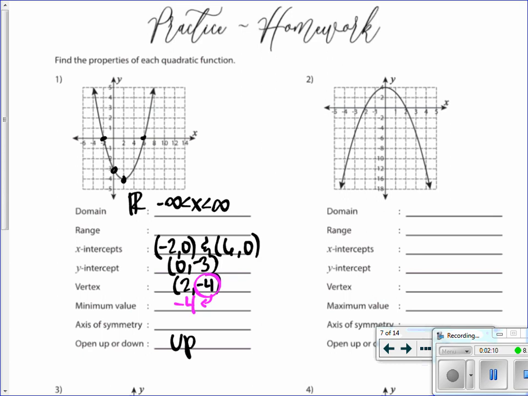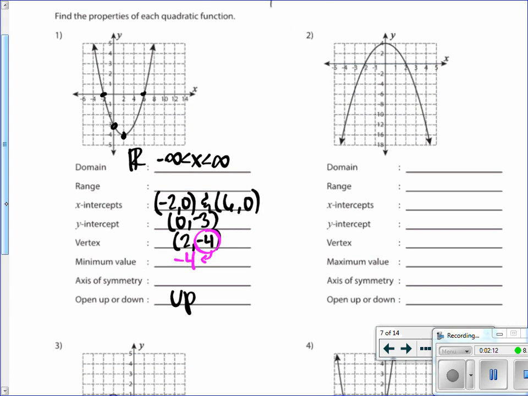What's something else we can figure out? Axis of symmetry. It is always a vertical line going through the vertex. It always starts with x equals 2. Look here. That's there. Okay. What about the range?